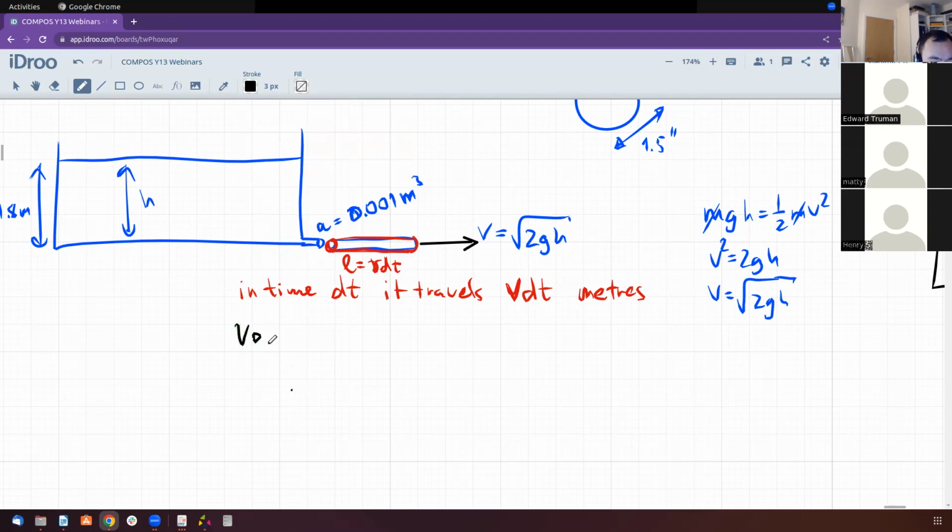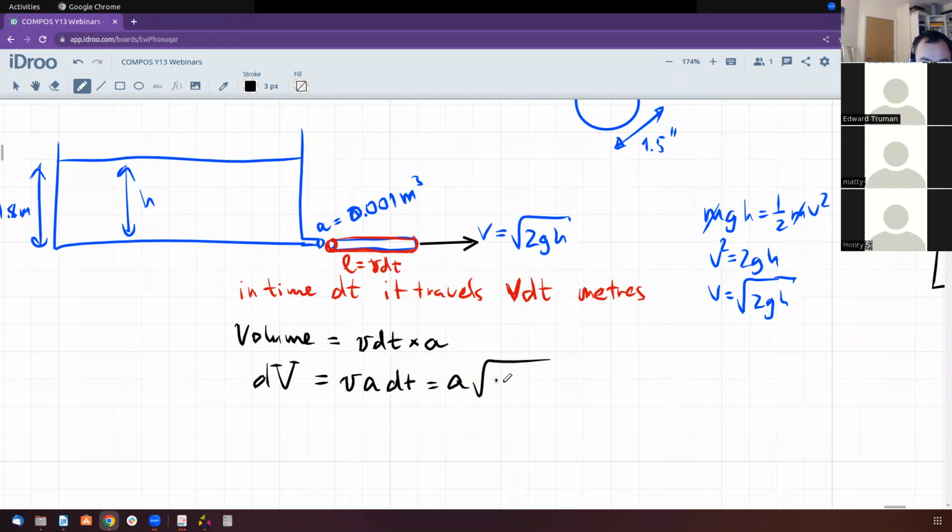So the volume is equal to v dt multiplied by A, which is the cross-sectional area. So dV, the volume, is equal to vA dt, and we know v, so this is equal to A square root of 2gh dt.